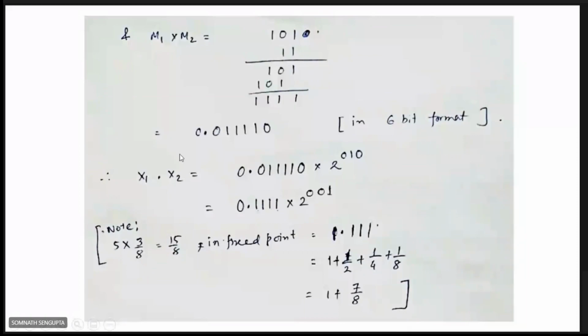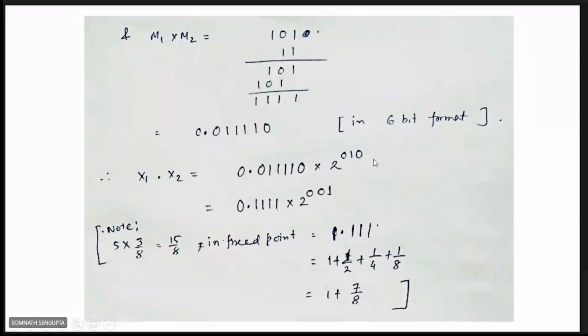That's why 0 should be placed before all these 4. So it is 0 1 1 1 1, and with the Mantissa in 6-bit format, it is 0 0.11110. So after multiplying x1 and x2 in terms of Mantissa, we write 0.011110 into 2 to the power 010, that is 2.